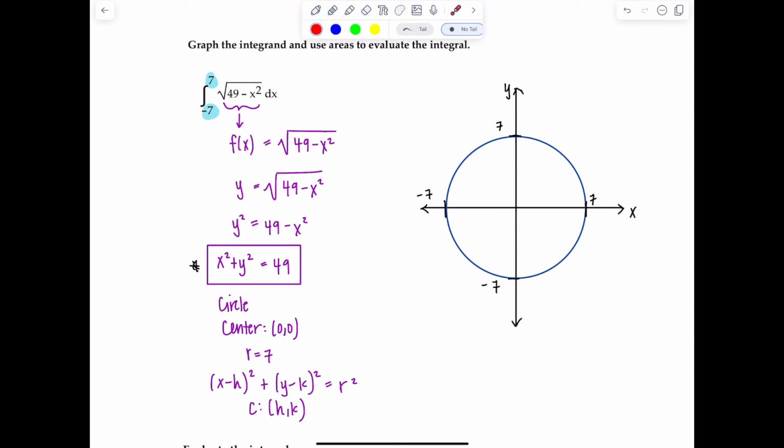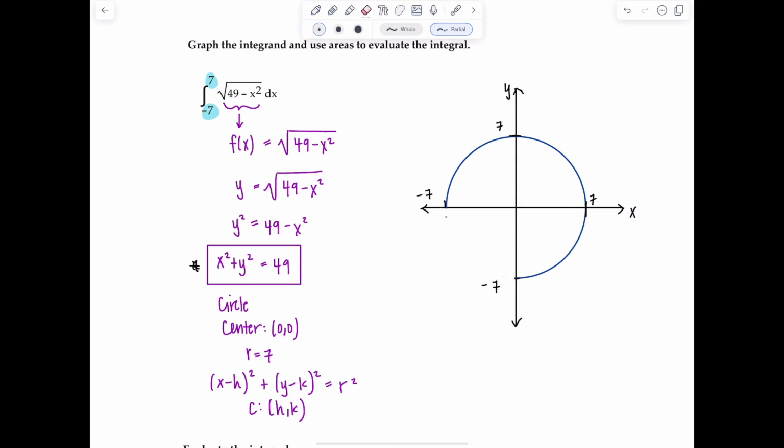No, it is not. And when we were originally given our integrand, we only had the positive radical. That means we're only dealing with the upper half of the circle. This portion is not here since we were given the positive radical. So we just have the upper half of a circle whose radius is 7 centered at the origin.